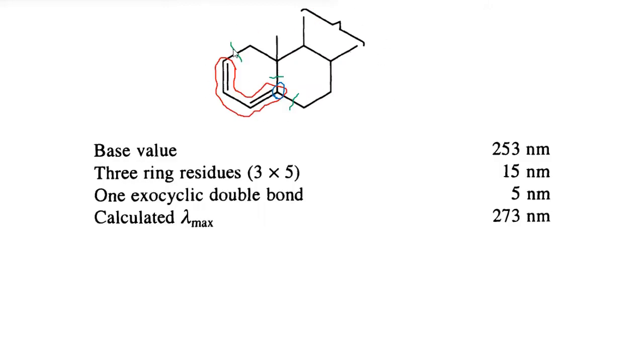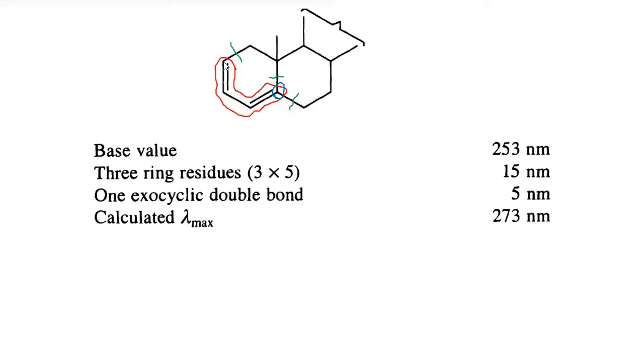It is a homoannular conjugated diene, and it has a base value of 253 nanometer, because it is a homoannular diene. 253 nanometer is the base value of this system.